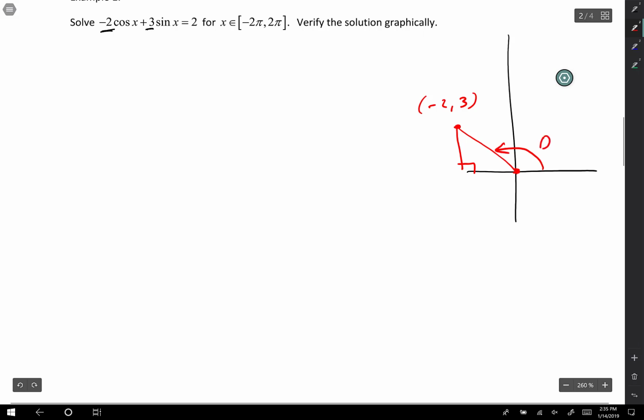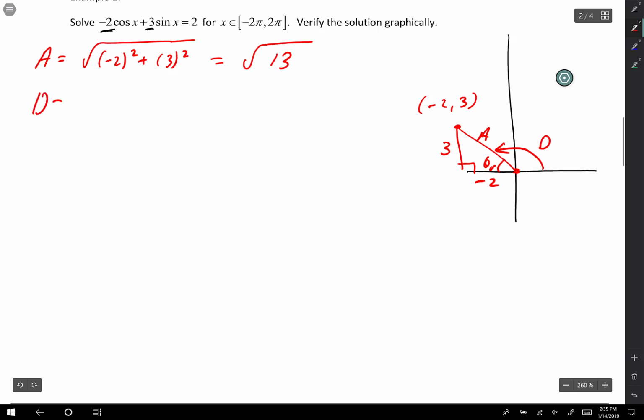This is the angle that I want. I'm going to use the reference to help us out. So that means this is -2, this is 3. This is my amplitude. The amplitude is the square root of -2 squared plus 3 squared. Let's see what we get here. 3 squared is 9, 2 squared is 4, 9 and 4 is 13.